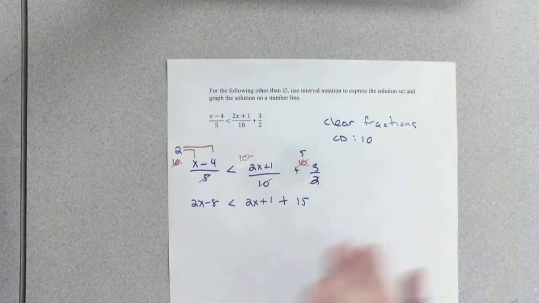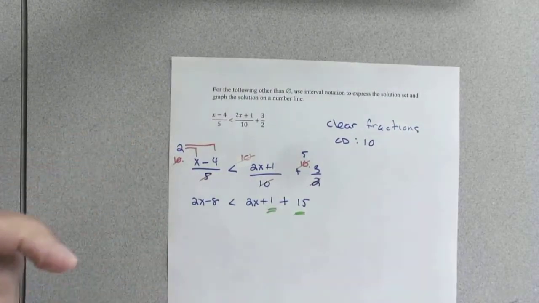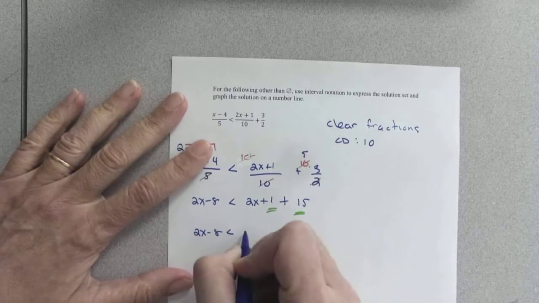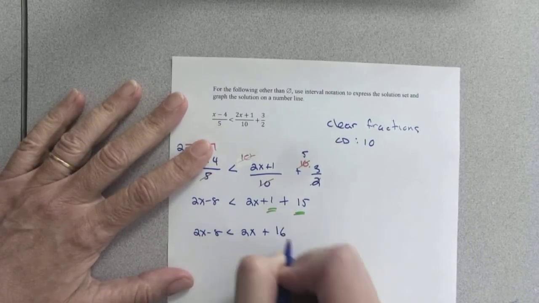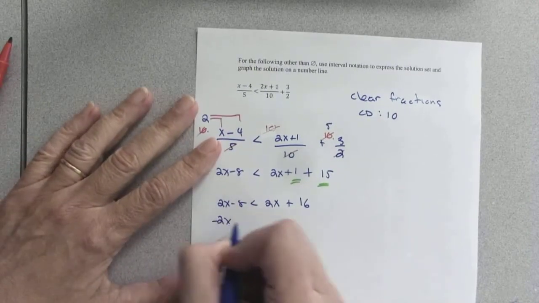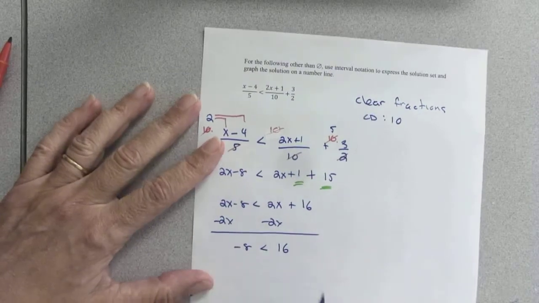Okay, got some like terms there. And so I get 2x minus 8 less than 2x plus 16. Get my x's together. And we got something weird happening.